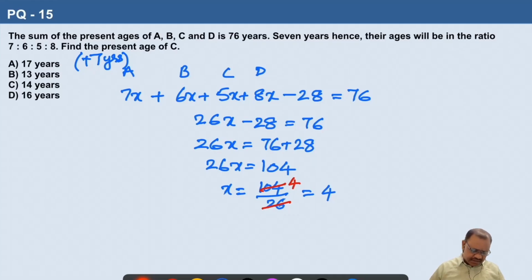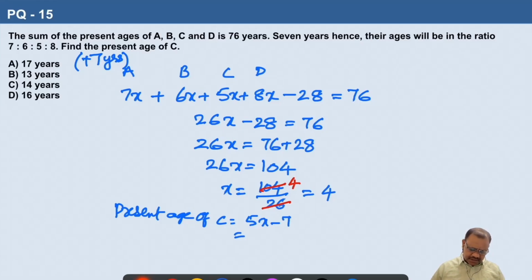So the present age of C. 5x is the age 7 years later. So from this, if you subtract 7, you will get the present age.